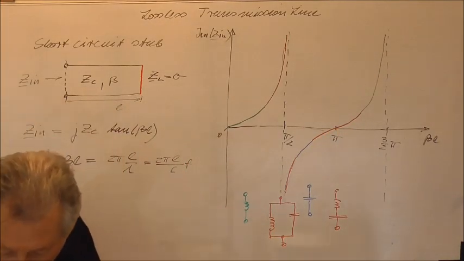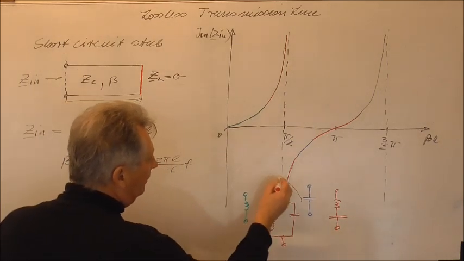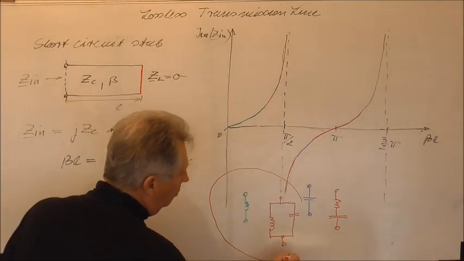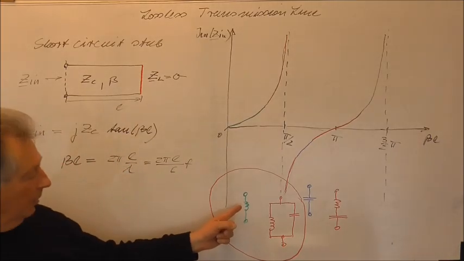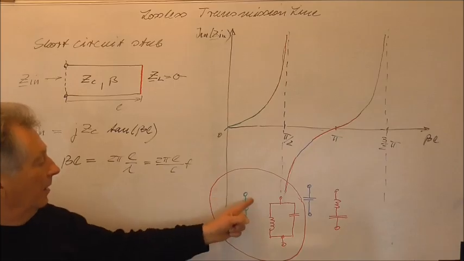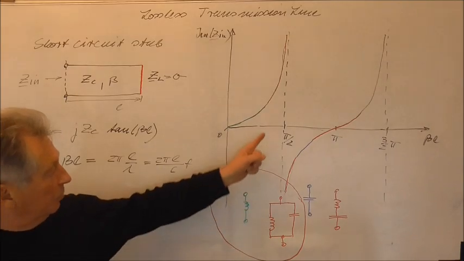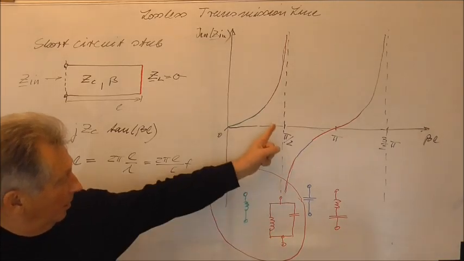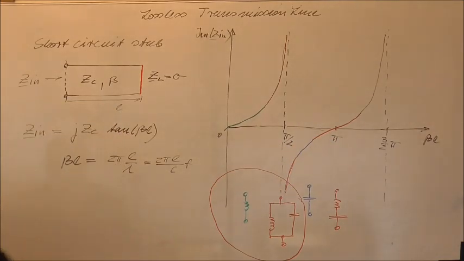So it's of advantage only to realize these two elements with a short circuit stub. So the short circuit stub is normally used to realize inductance or a parallel resonance circuit. We speak here of the parallel resonant and here of the series resonant.